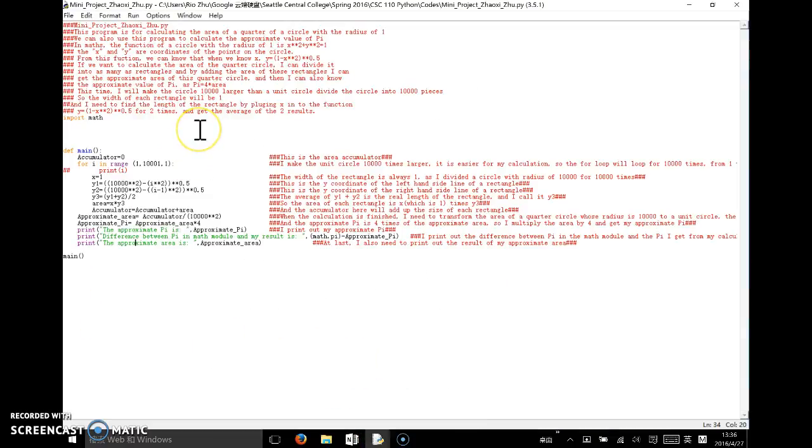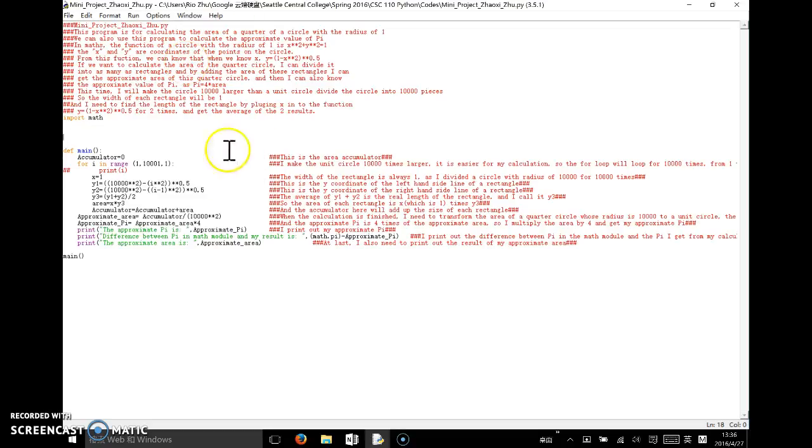So this is the code I wrote, and at first I need to import the math module for calculating, and then I need to define my function. The goal of the mini project is to calculate the area of a quarter unit circle with the radius of 1.